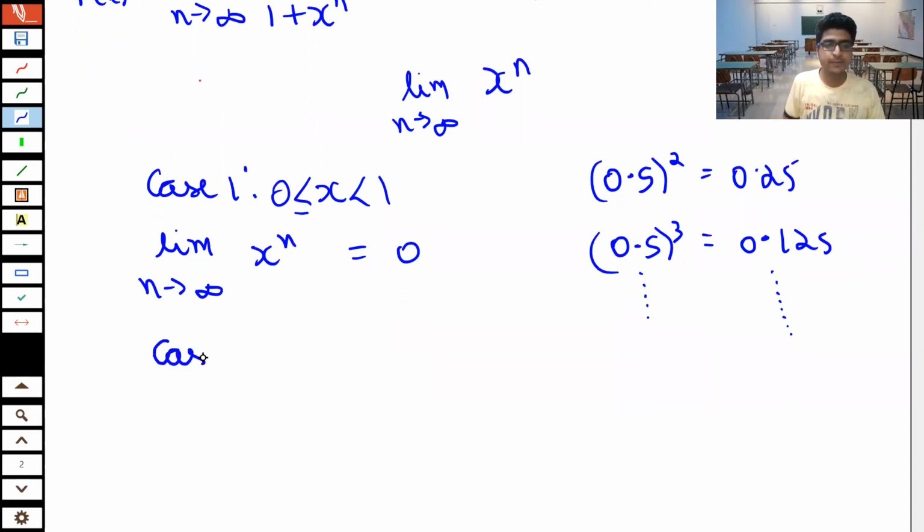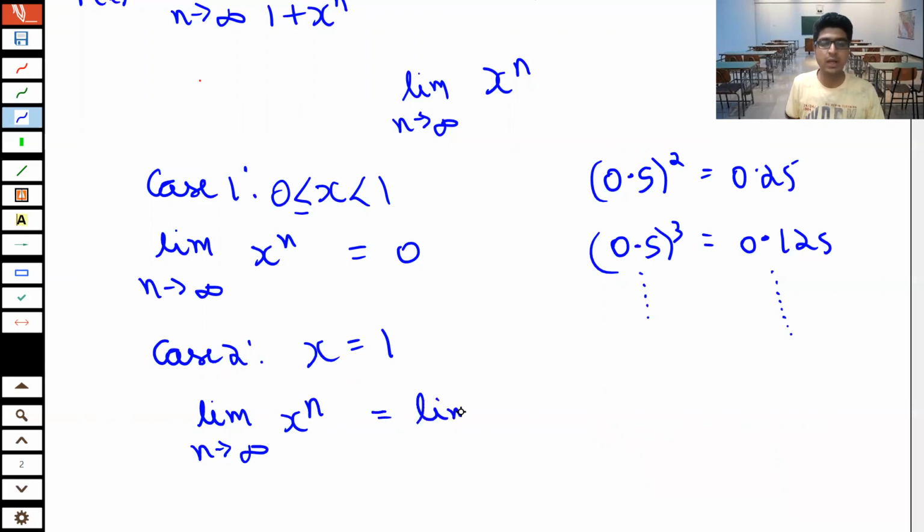Let's take the second case, when x is exactly equal to 1. When we take the limit as n tends to infinity of x to the power n, it will be equal to the limit as n tends to infinity of 1 to the power n.